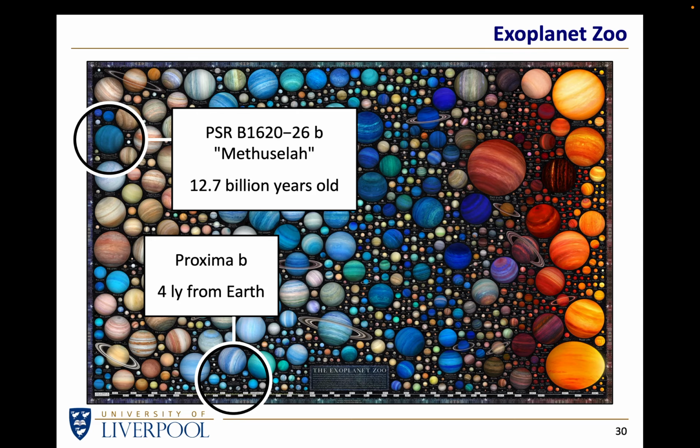We know of no way that a star can be born and then give rise to planets later. I'll be again talking about the origins of solar systems in the next talk. But it looks like if the star is old, then the planet must be old as well, because we know of no way that a planet can be born by a middle-aged star. Basically, planets and stars are born at the same time. So it looks like this star produced a planet 12.7 billion years ago.